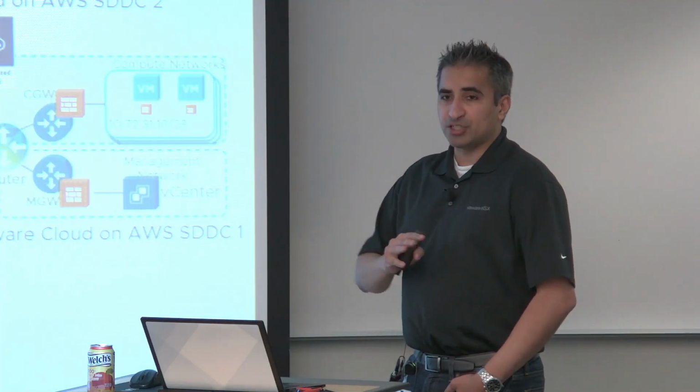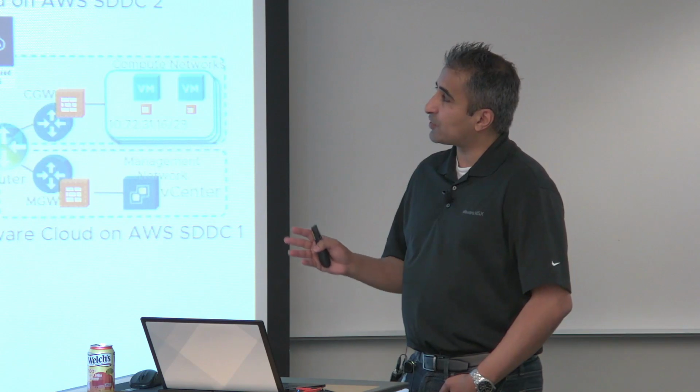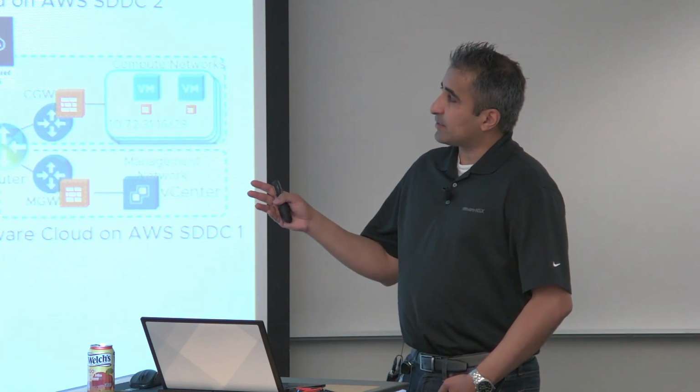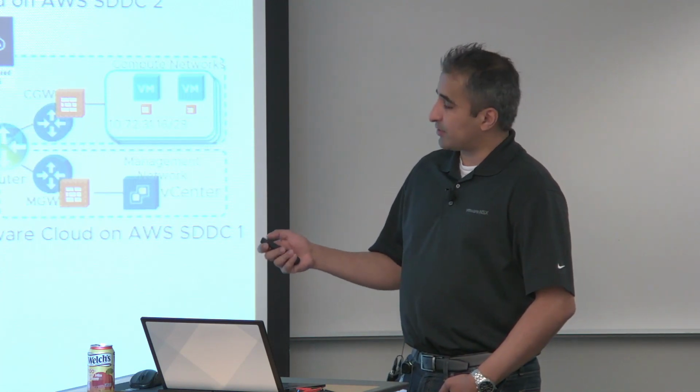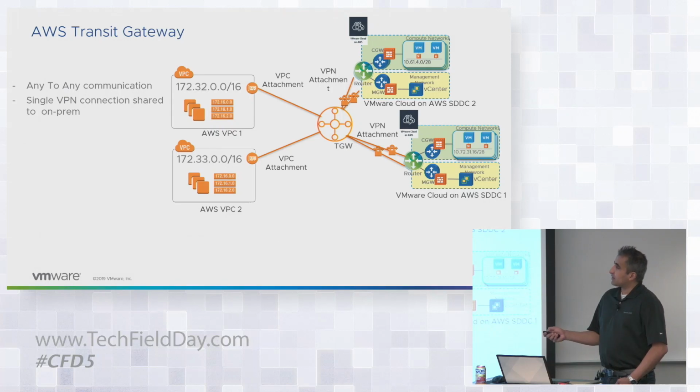Transit Gateway in general offers different types of attachments. For native VPCs, they have a VPC attachment, there's no VPN. Based on what type of attachment you're doing, the behavior can be slightly different.